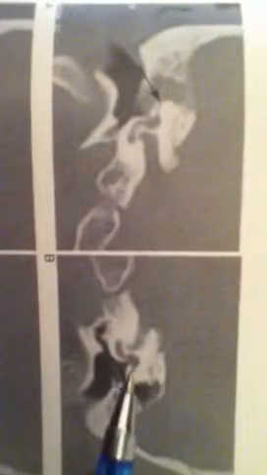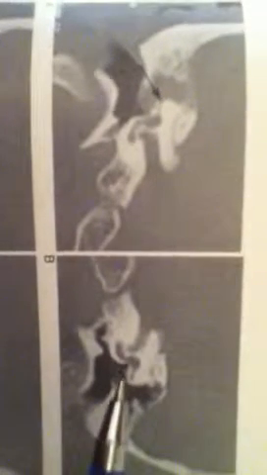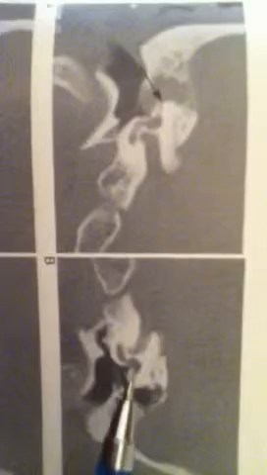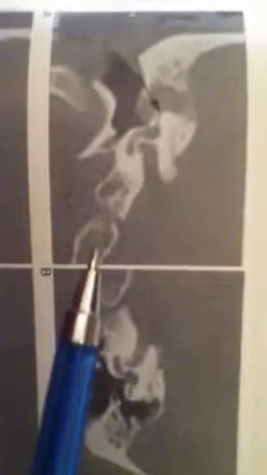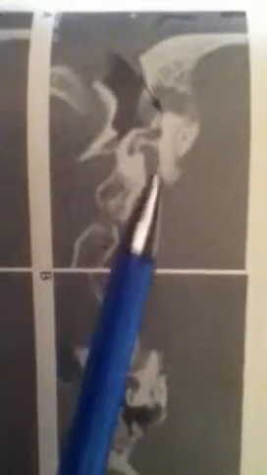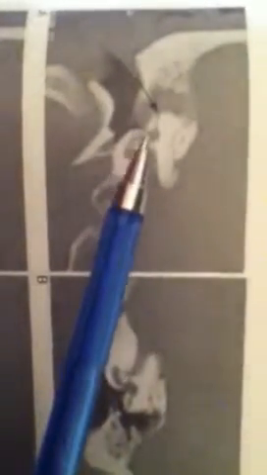That is why you can't see these well-defined margins of the semicircular canals. So there is bone erosion here, eroding into the area of the semicircular canals. Okay, so this is the case of chronic suppurative otitis media.